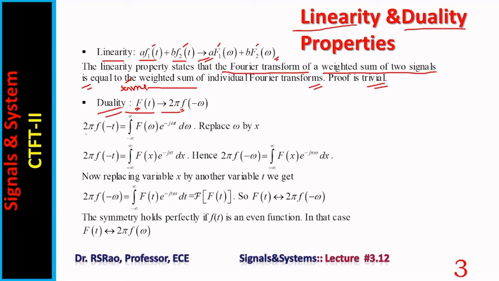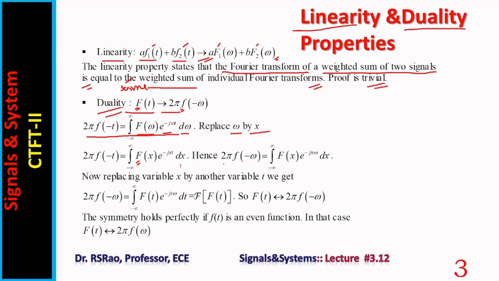We see 2 pi f of minus t is integral minus infinity to plus infinity F of omega e power minus j omega t d omega. This expression is from the reverse transform. Replace omega by x. It results in 2 pi f of minus t becoming equal to integral minus infinity to plus infinity F of x e power minus j x t dx.